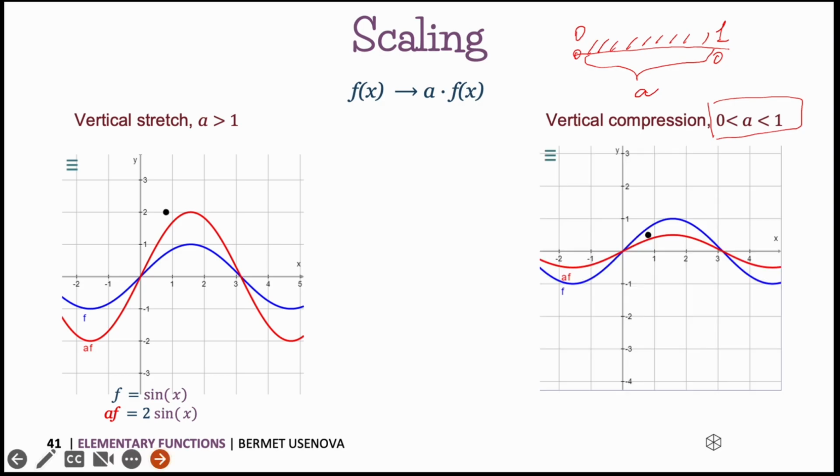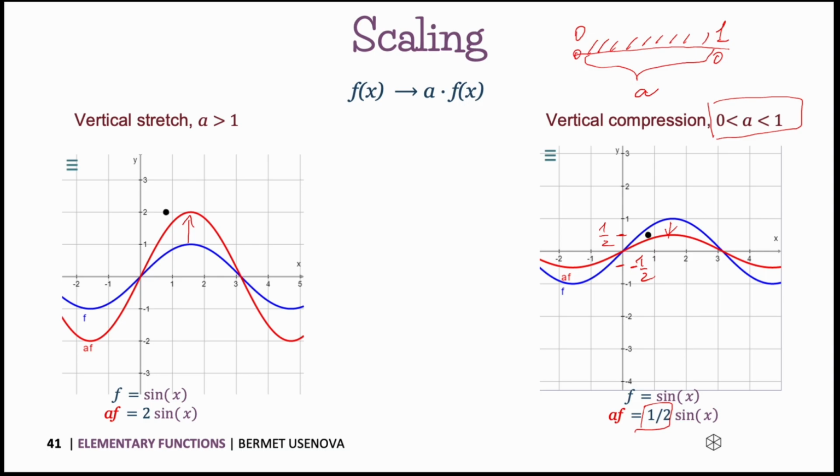It's called vertical compression. And in our example, the coefficient will be equal to half. So instead of stretching like here, it will go in a different direction and become more flat. This is half here and minus half here. So this is very logical.